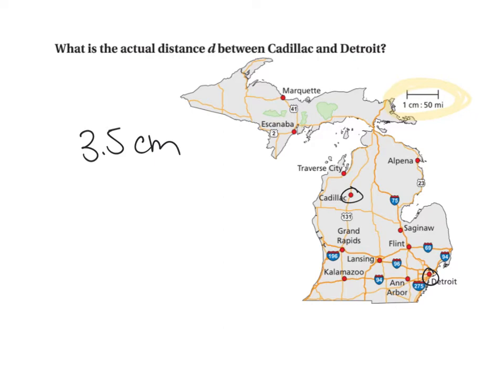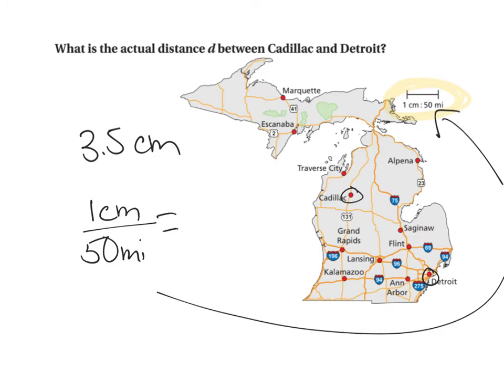So I'm first going to write down the scale is 1 centimeter for every 50 miles. That's what this tells us. And I know that I've gone 3.5 centimeters. So the question is, how many miles is this? So what's my distance, my D? Okay, so then there's a variety of ways you can do this.